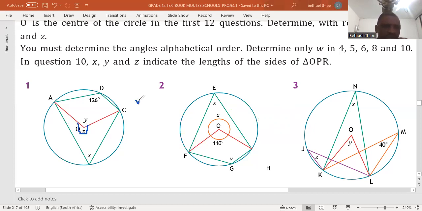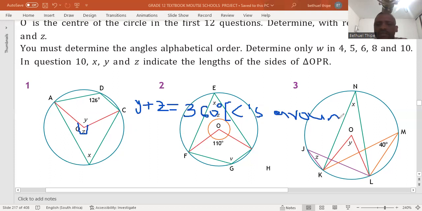So I can say angle y plus angle z. Remember, there is no one way of solving this. You can use many ways to solve this problem, but I choose to use angles around a point. Angle y plus angle z is equal to 360. And I can justify my statement by saying angles around a point.